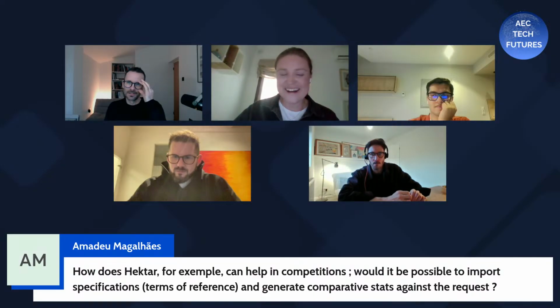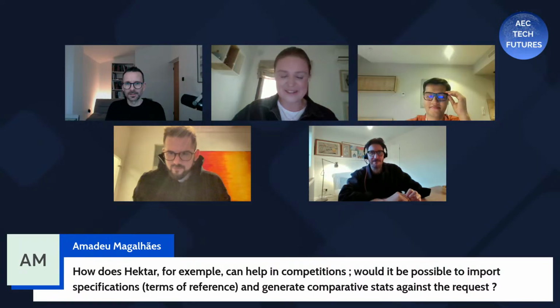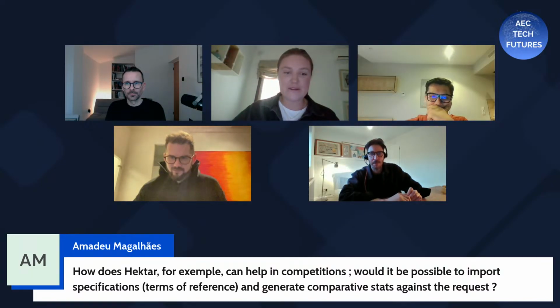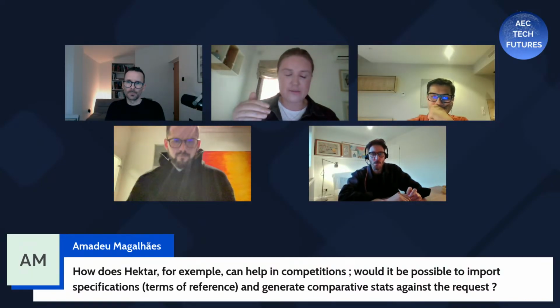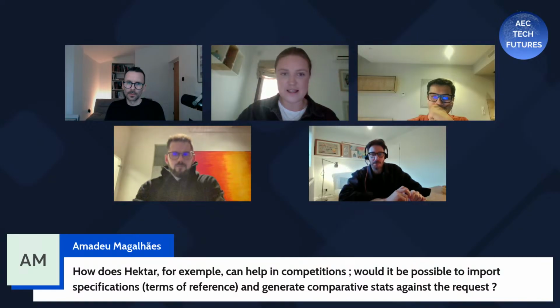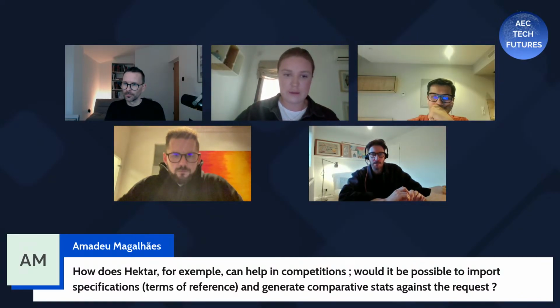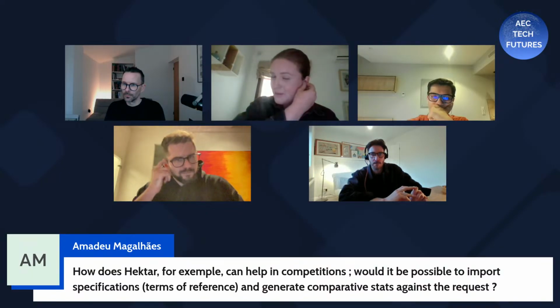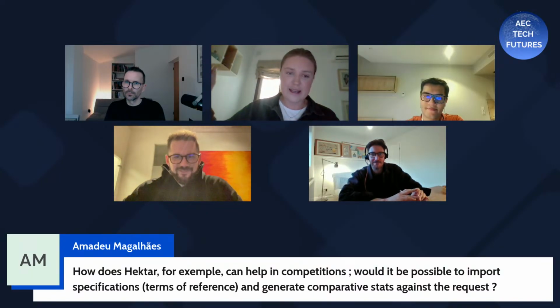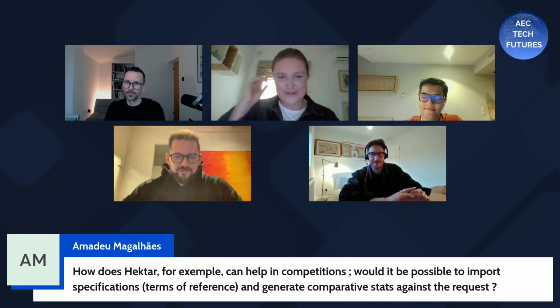I think so. So actually, we looked into a competition a couple of days ago, and correct me if I misunderstand the question, but what we did in that specific case was that we got the specification, the detailed plan, but we also got what we in Sweden call planprogram, planbeskrivning, a PDF of 20 pages.